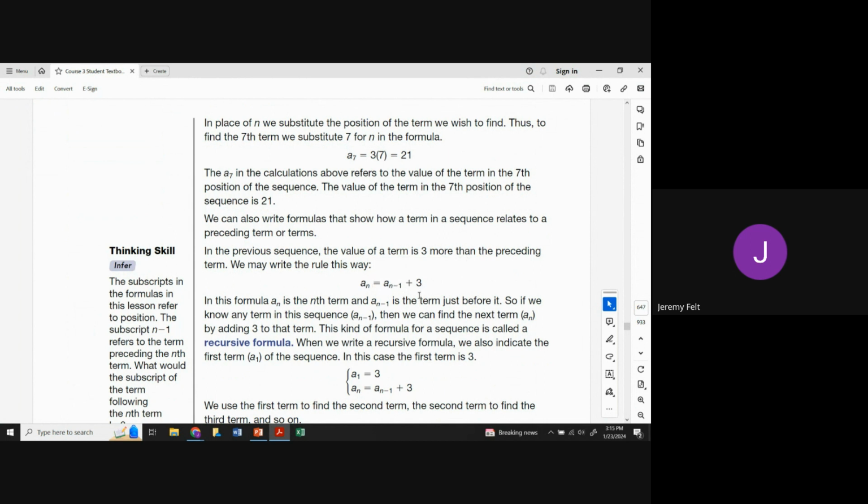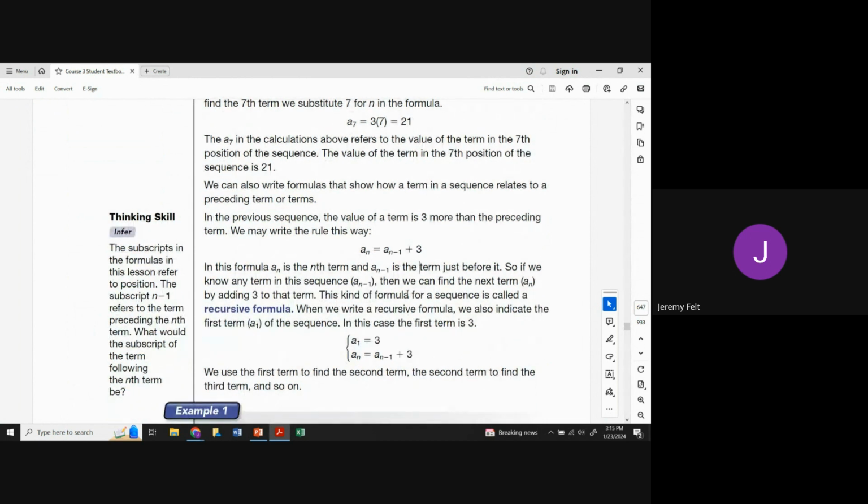It's another way to write it. When we have a of n minus 1, that means our previous term, plus or times or to whatever power. Then we can find the next term by adding 3, or in some examples multiplying or subtracting. It's going to apply to the rule. This kind of formula is called a recursive formula.